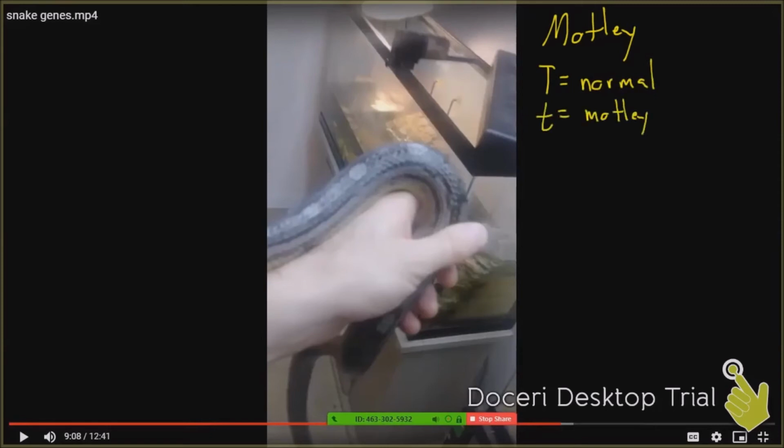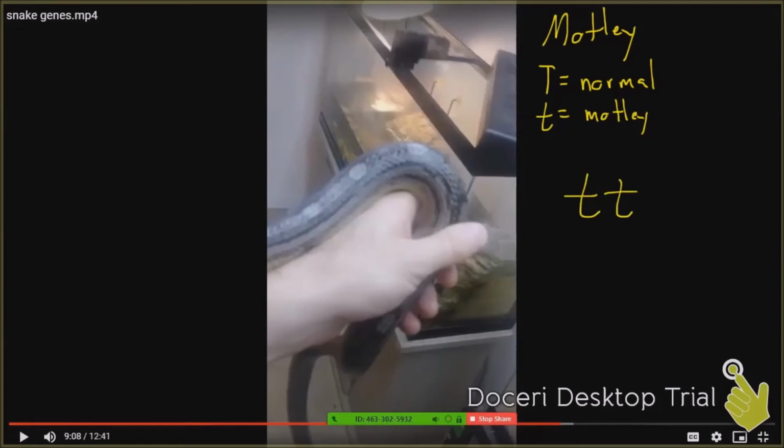And this is a simple dominant recessive thing. So looking at William here, this Pantherophis guttatus, the aneurythristic motley corn snake, because he's motley, I actually know something about his genotype. It is little t, little t.